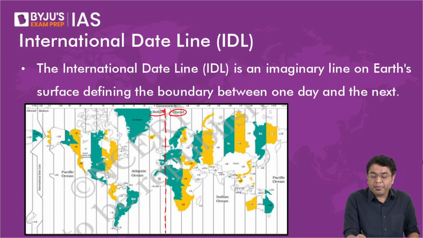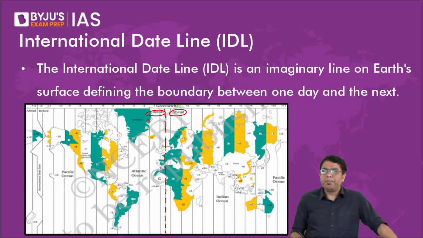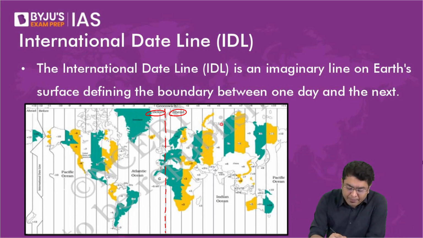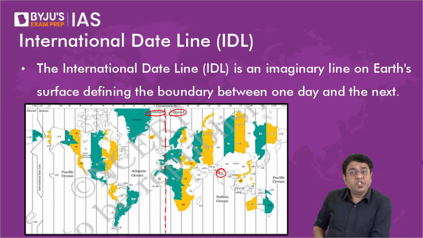Here it is written before. What is the meaning? So when we consider the case of India, India is 5.5 hours ahead of GMT. Now, what do you observe here in this region? That is the eastern part of Russia, isn't it?